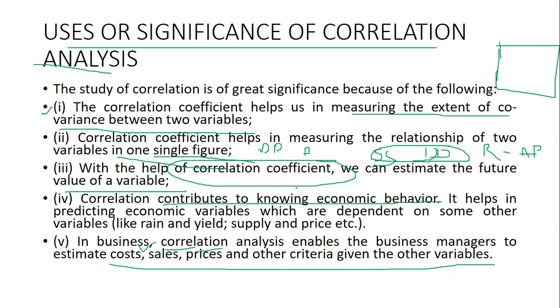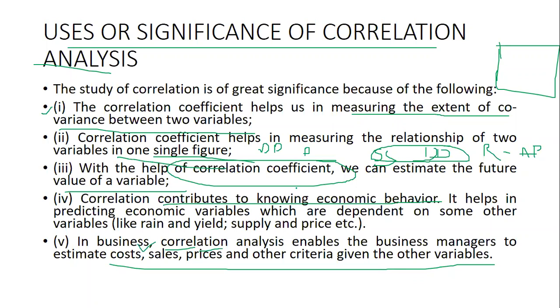Now, during lockdown, we never knew lockdown was going to come. If we had known lockdown was going to come, we would have bought a lot of things and stored them. So many people had to face shortage of food items because of lockdown, right?